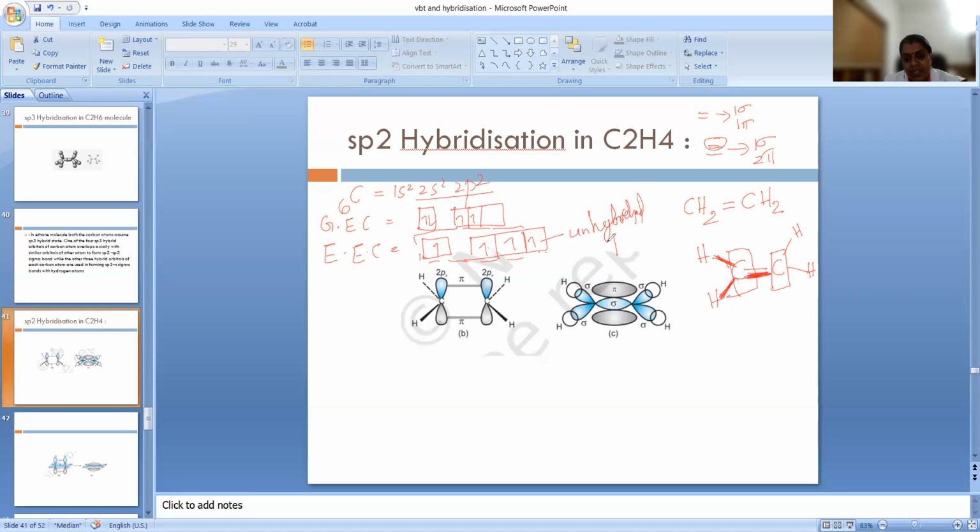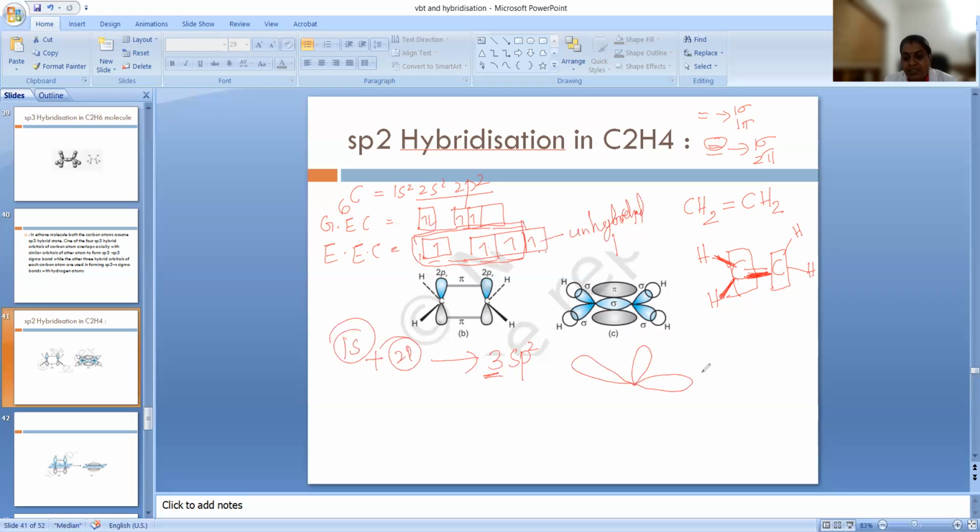This p orbital becomes unhybridized. It is not going to intermix. Only the 2s orbital and two 2p orbitals are intermixing. So when they intermix, we will get 3 sp2 hybridized orbitals. And for these 3 orbitals, we already know what the shape will be.